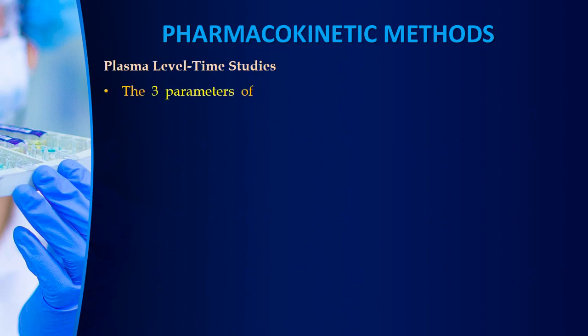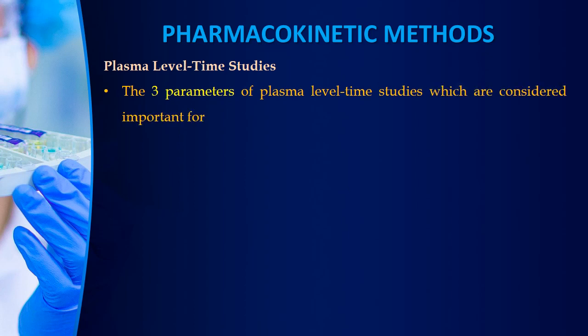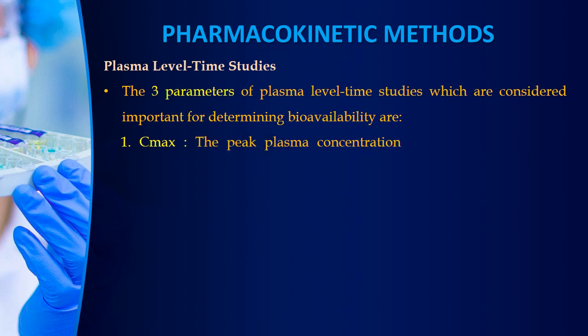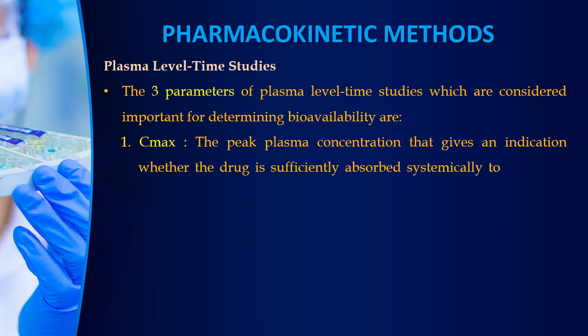Here, there are 3 major parameters that we can identify from the plasma level time studies, which are used for determining the bioavailability. The first parameter is Cmax, the peak plasma concentration, that gives an indication whether the drug is sufficiently absorbed systemically to provide the therapeutic response.